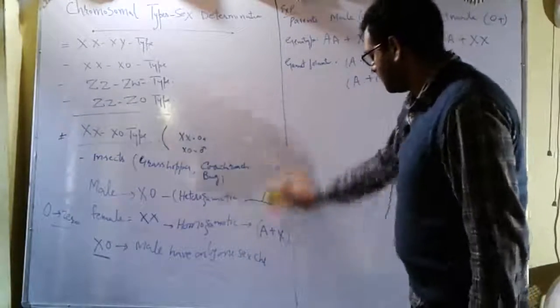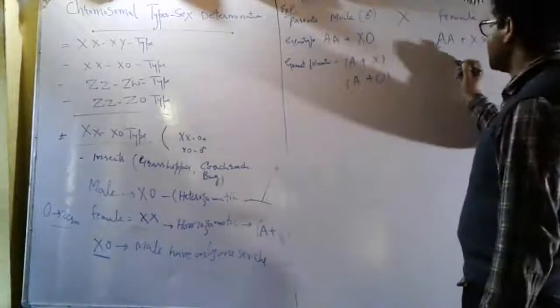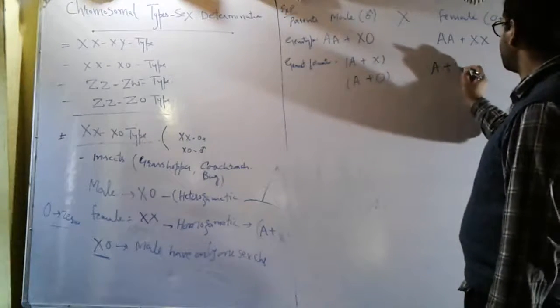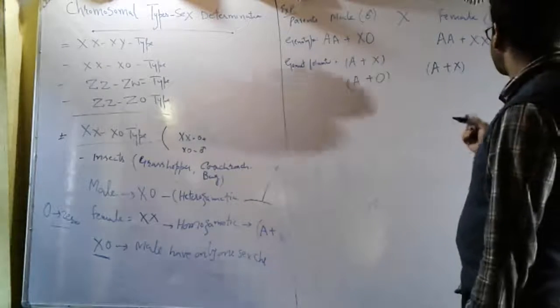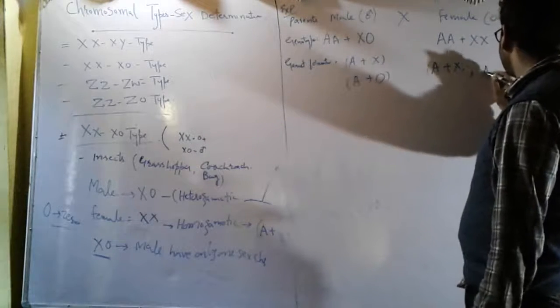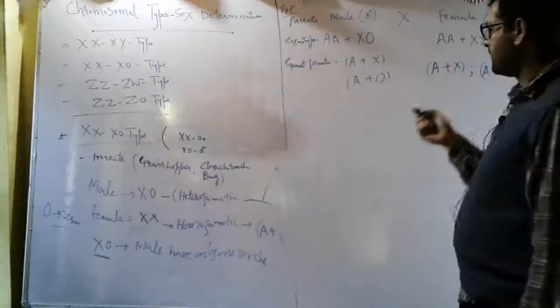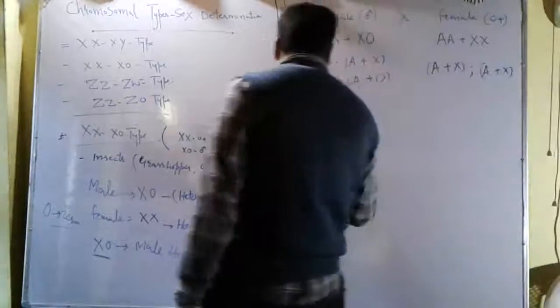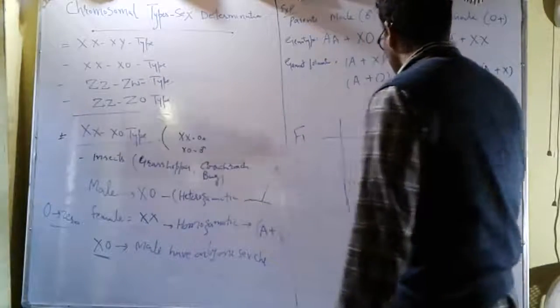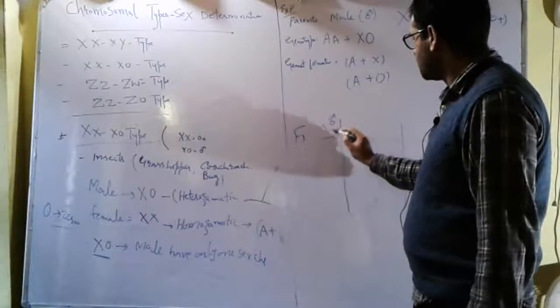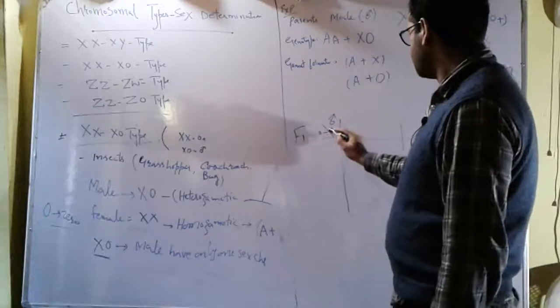Then in this case, gamete formation gives A plus X, it is homogametic. All gametes, egg cells, are alike, A plus X. Then we raise the F1 generation. These are male gametes, these are female gametes.